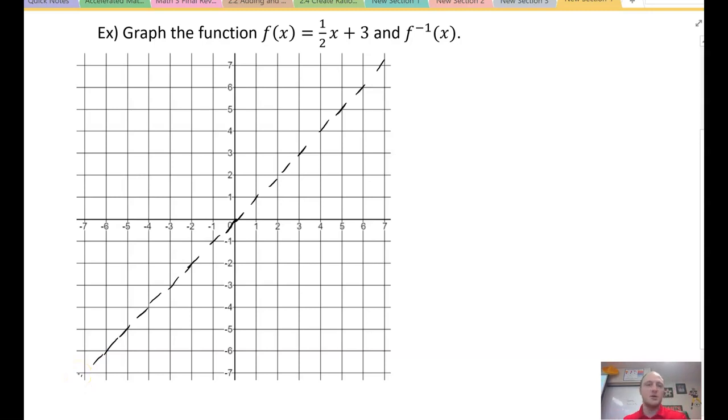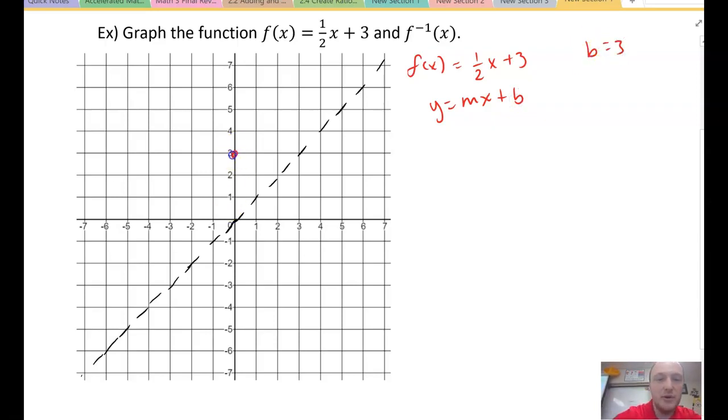Okay, so now I want to go ahead and plot f of x. Again, f of x is a linear line, 1/2 x plus 3. And how do I plot a linear line? Well, you have y equals mx plus b. You have a b value, and in this case, your b value is 3.